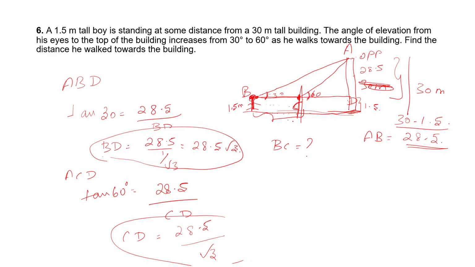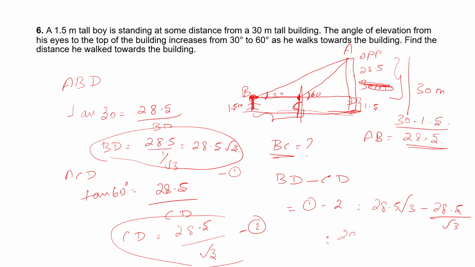Now we have to find only BC. BC is nothing but BD minus CD. From value 1 minus value 2, we get 28.5 root 3 minus 28.5 by root 3.